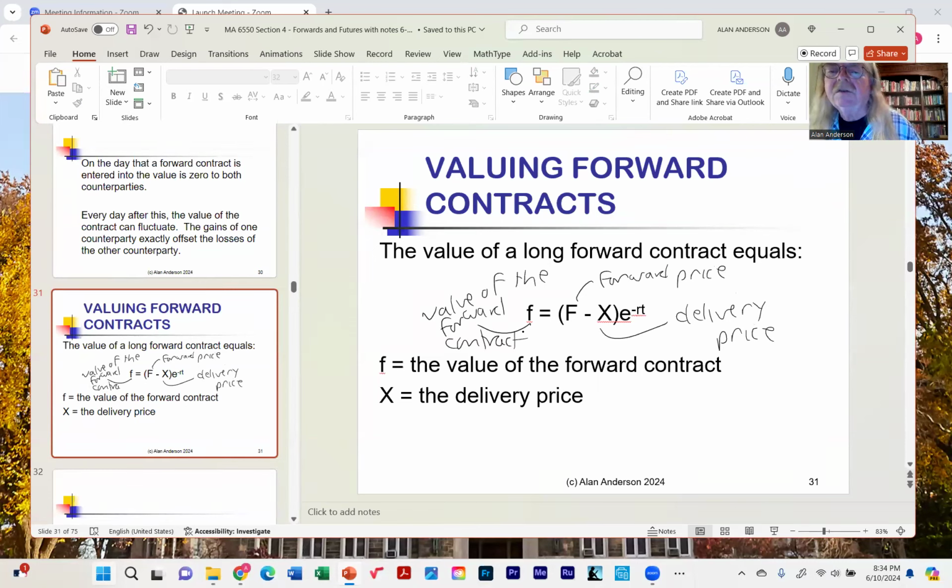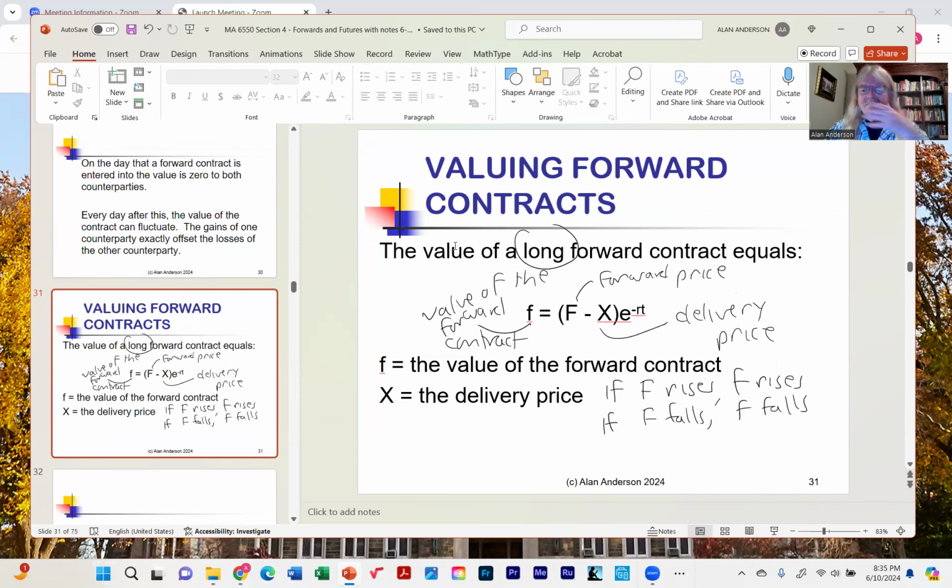You notice how it says long. I'm the buyer. And so you can see just by looking at this, if F rises, then so does lowercase f. I profit from it. But of course, if F goes down for some reason, I'm going to have a weaker position. F falls.